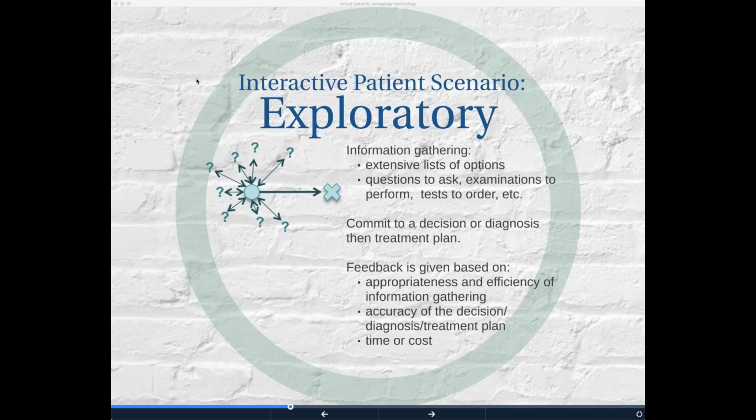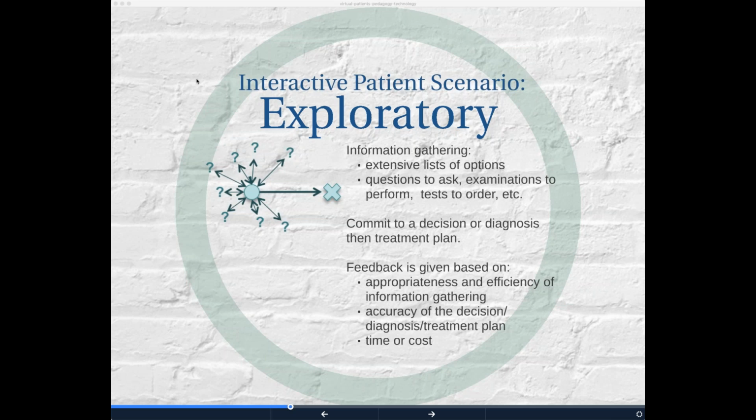And then when the learner does have to commit to a decision, feedback on their decision and the rationale for it. And what several of these systems have started to do is include trackers in the background where either the time it would take or the cost of any option that they choose to pursue.